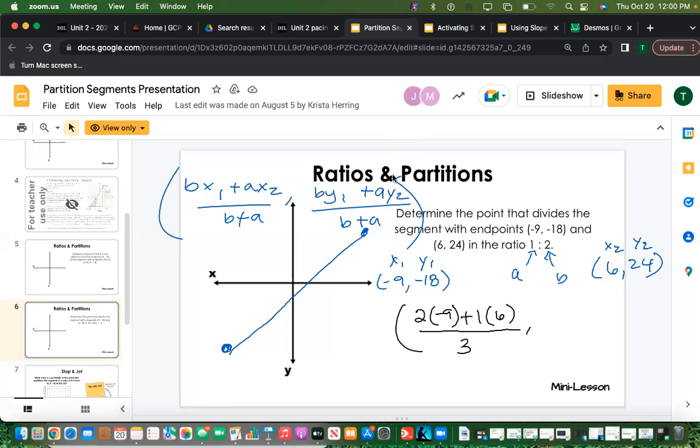I'm going to do the same thing with the y value. 2 times y sub 1, which is -18, plus 1 times y sub 2 over 3.